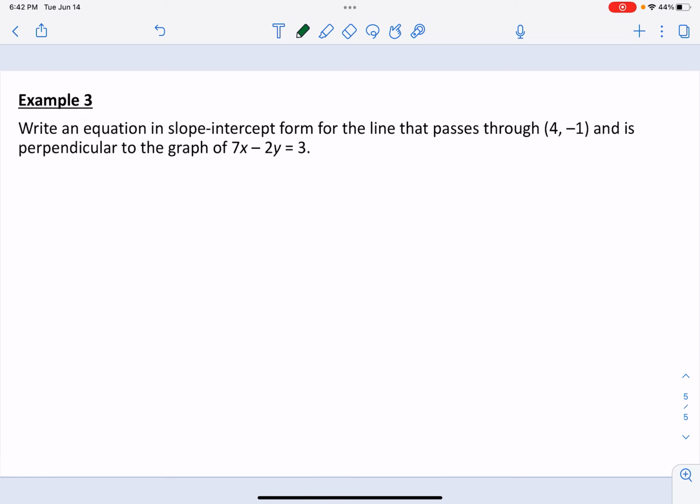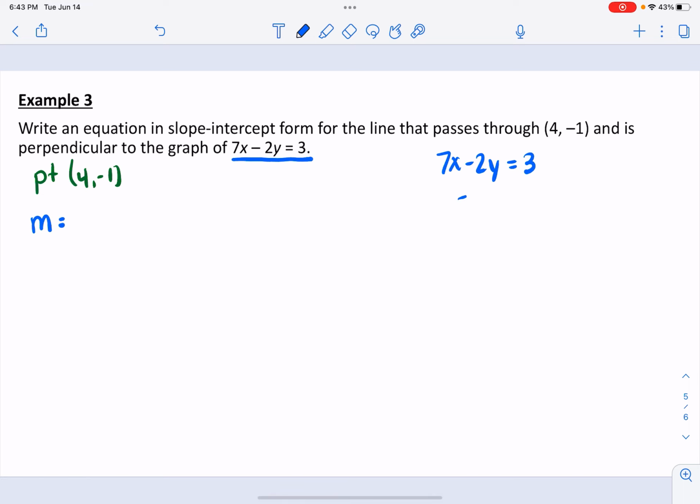Okay, write the equation in slope-intercept form that passes through that point and is perpendicular to that graph. First, we have our point already. We need to get our slope. In order to get the slope, I have to put this line in y equals mx plus b form. So I have 7x minus 2y equals 3.